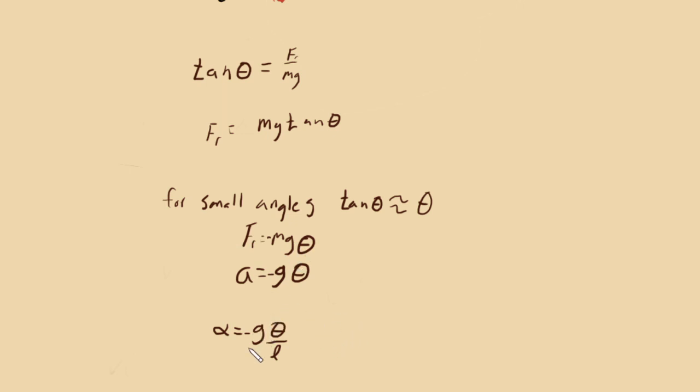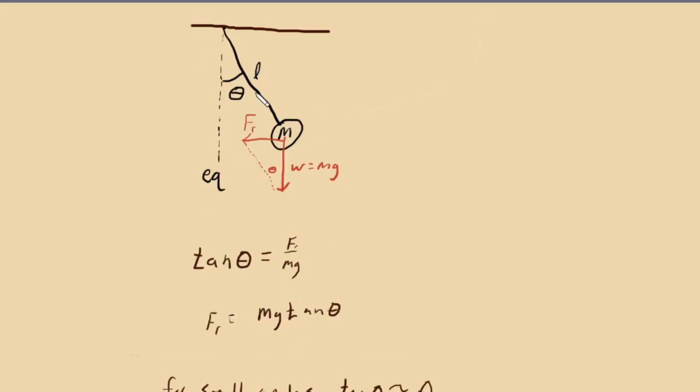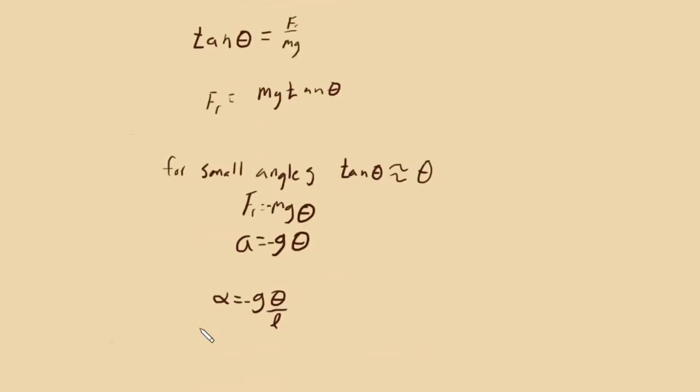And since we're talking about angles here, we know that the angular acceleration is equal to our translational acceleration divided by its radius, which in this case is the length of the rope, or whatever is holding this mass up, L. So we get our angular acceleration just by dividing our acceleration by L.